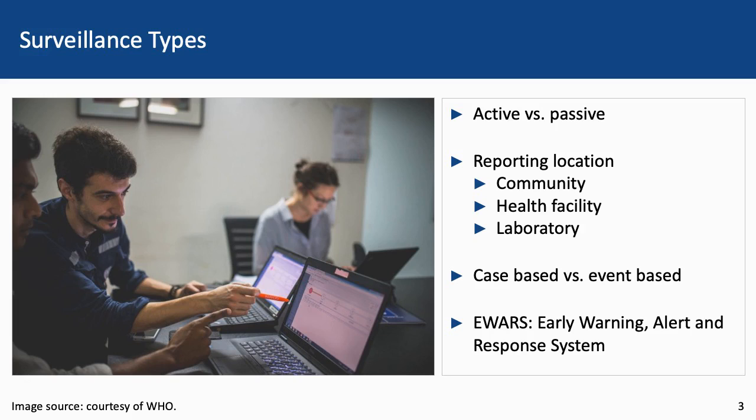They may be case-based, where individuals with certain symptoms are counted, or may be event-based, where reportable events, such as a cluster of deaths due to unknown cause, are reported. Pictured here are WHO epidemiologists working to implement the Early Warning, Alert, and Response Surveillance System, or EWARS. EWARS is increasingly used in emergency settings as a focused, rapidly deployable surveillance system to detect diseases of outbreak potential.